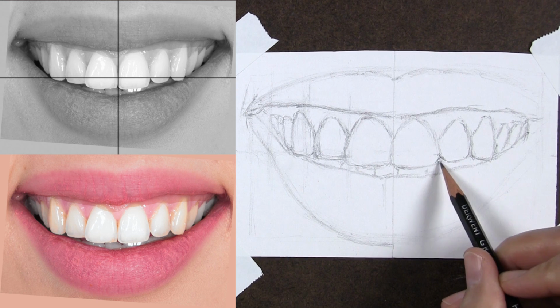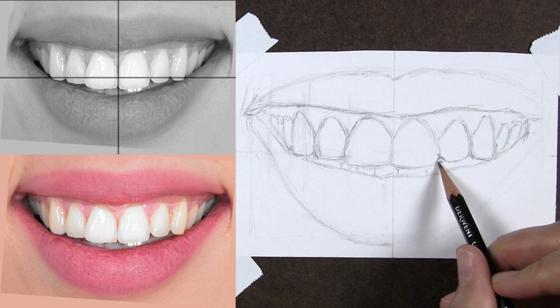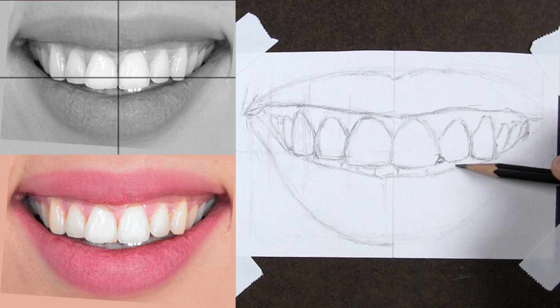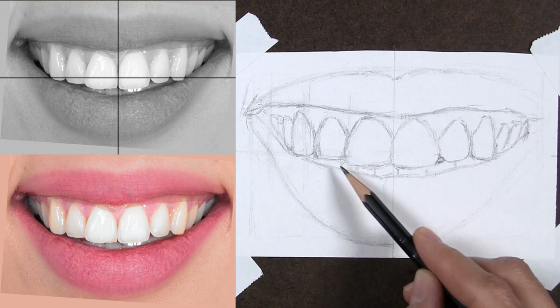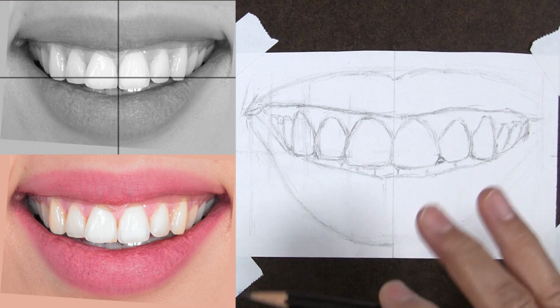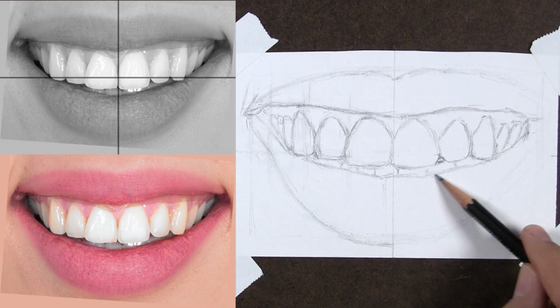But we do see some of the edges, like the top edge here in between these two. And we don't always have to draw the edges in between all the teeth, especially if we don't see them, especially when they're hidden down here, because the shading can take care of that when we work on the shading part.